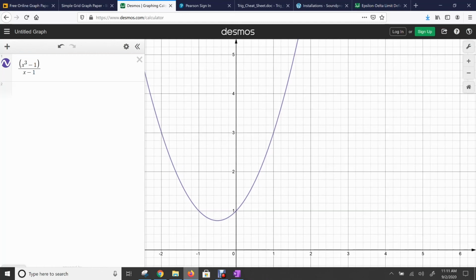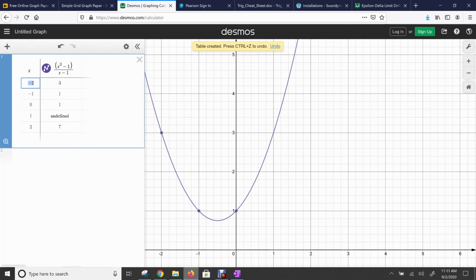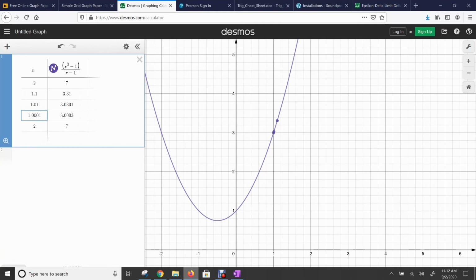And let's put it into the mode where we can put in a table of values. Since I'm interested in what's happening at 1, let me do values from the right, in decreasing order. So I'll put in 2, and then 1.1, 1.01, 1.001, something like that.